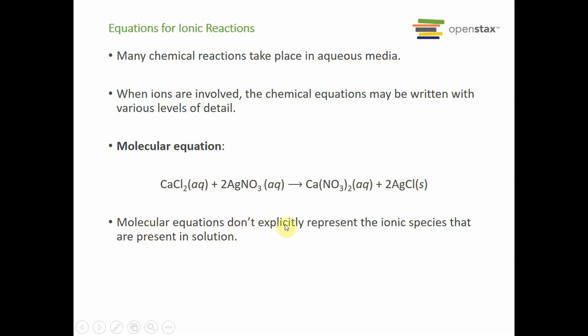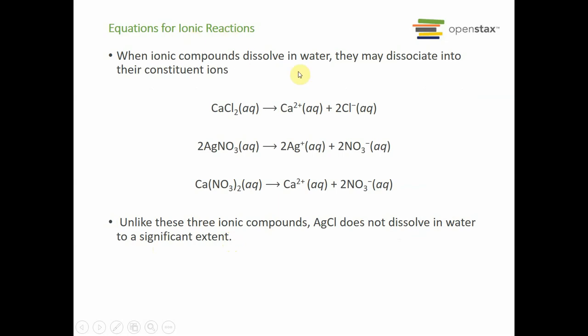Molecular equations don't explicitly represent the ionic species that are present in solution. When ionic compounds dissolve in water, they may dissociate into their constituent ions. So calcium chloride, aqueous, is the same as writing calcium 2 plus aqueous plus chloride minus aqueous.